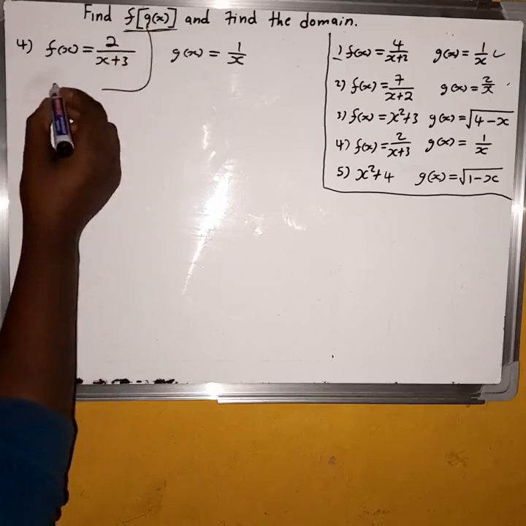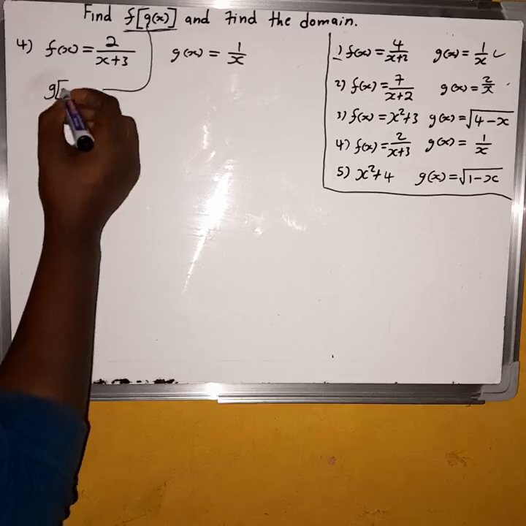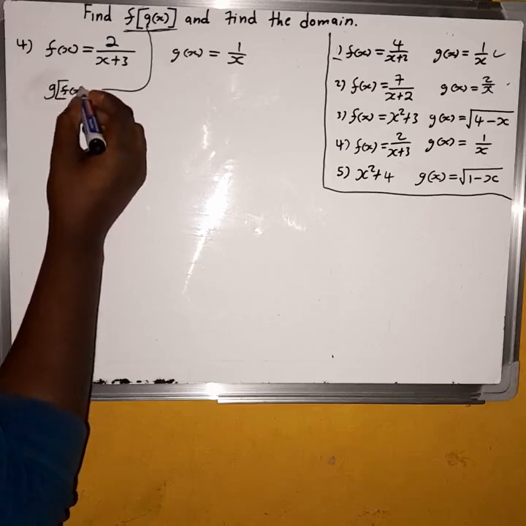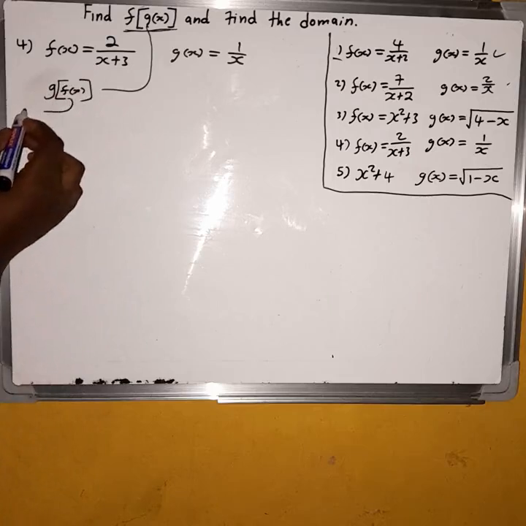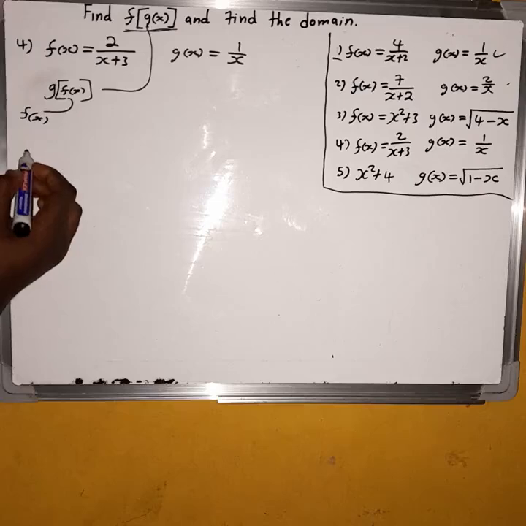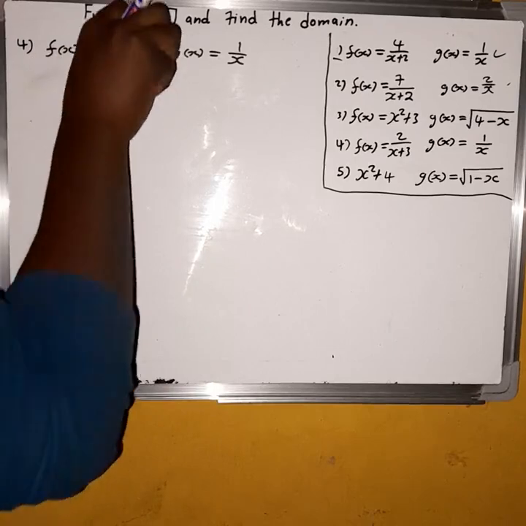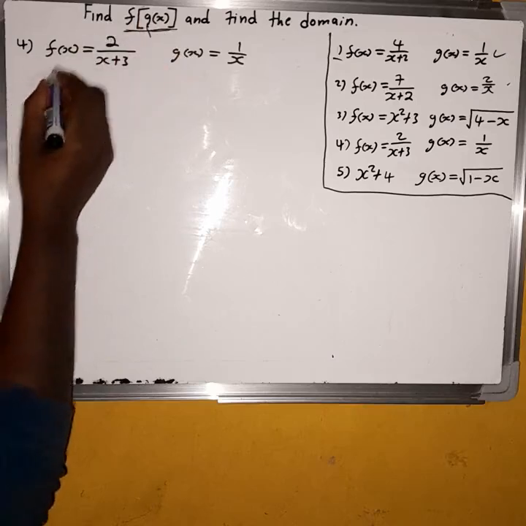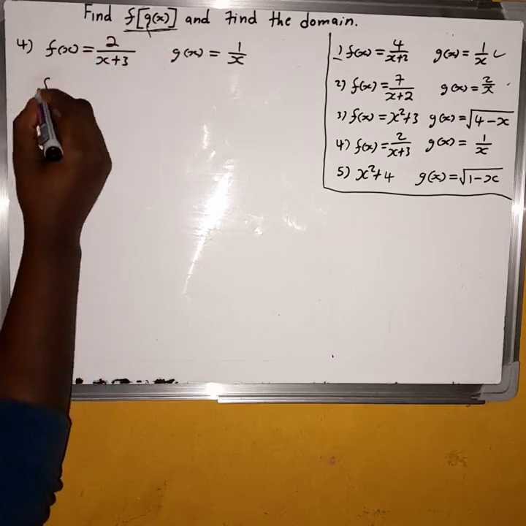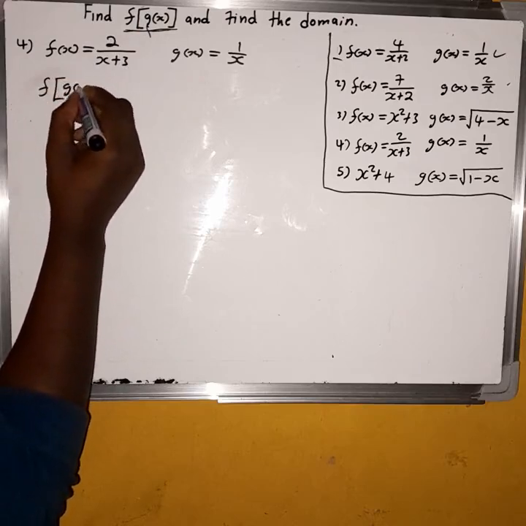Let's say maybe they say g of f of x. You use the one given, so the input here will be this one, right? They can interchange. We have to follow that instruction.